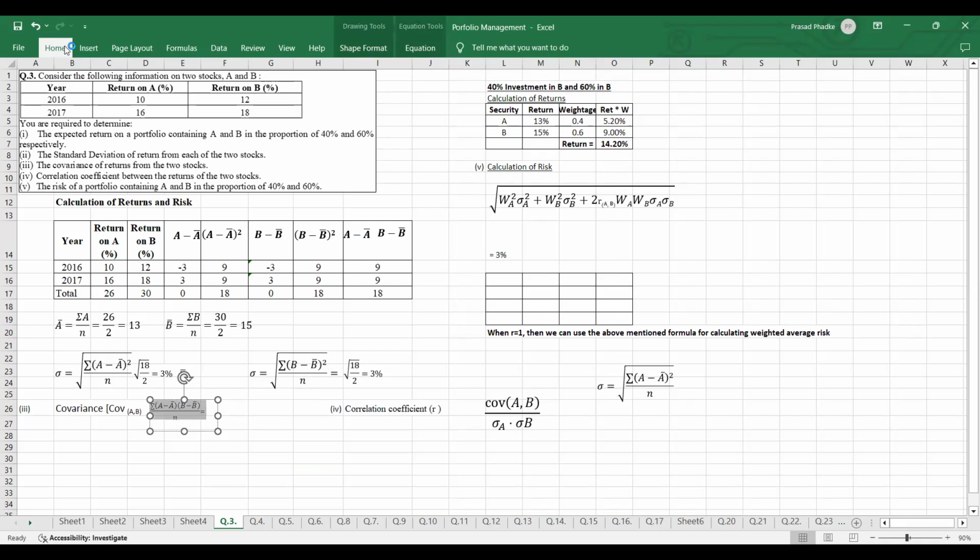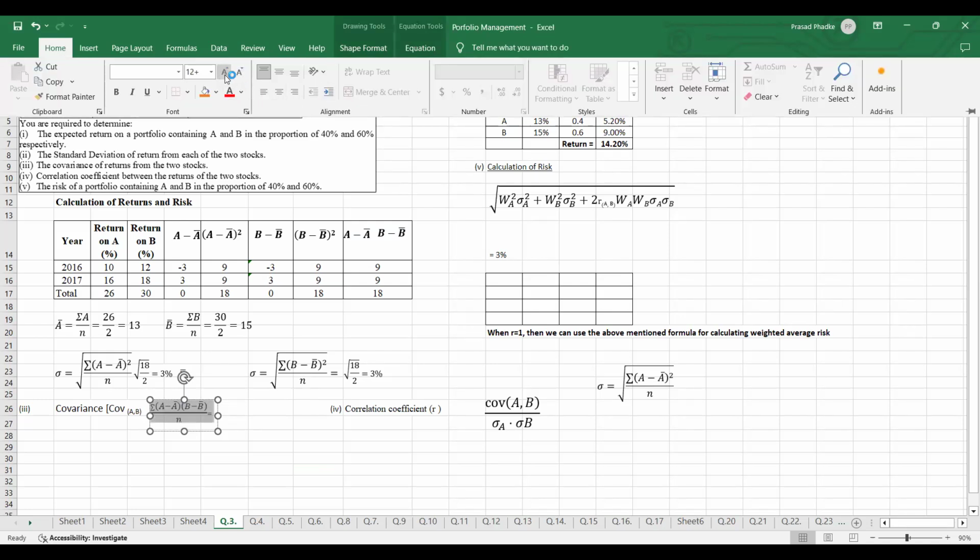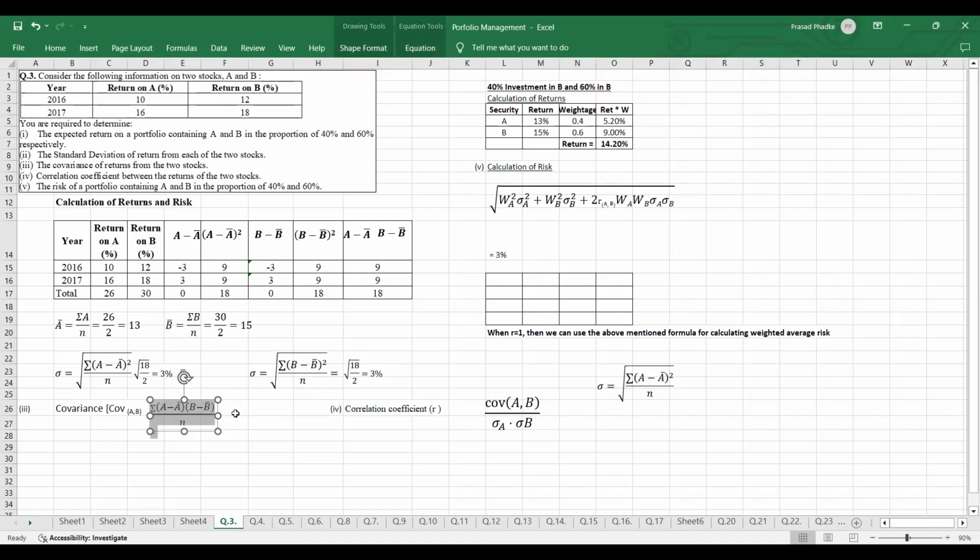In the standard deviation and covariance formula, do we have to divide by n or n minus 1? As I told you in the classroom several times, this is financial management where we are using the actual data.